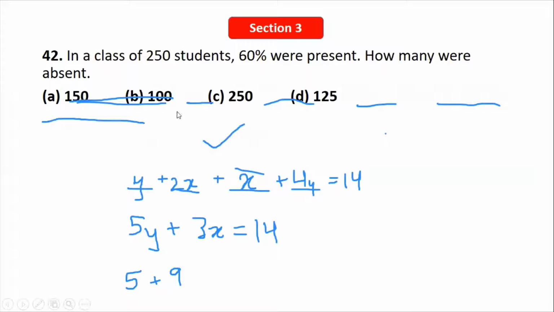Now I'll just erase this. Okay, so in a class of 250 students, 60% of students were present. How many are absent?